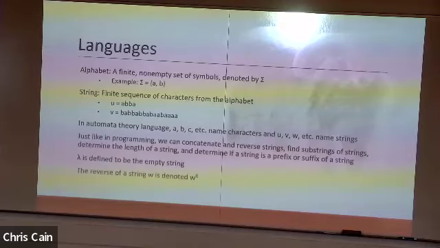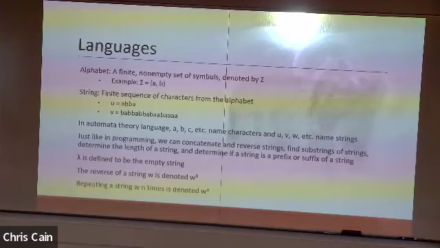The reverse of a string is going to be denoted by w to the capital R. So w will be the string. If we wanted to reverse the string u, we would have u to the capital R. And that just stands for reverse.